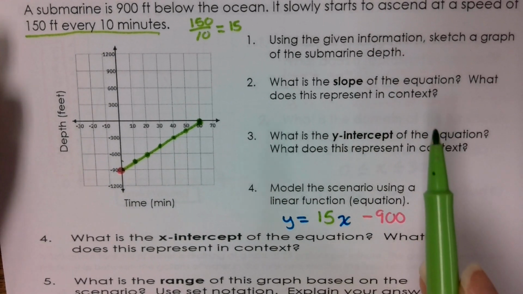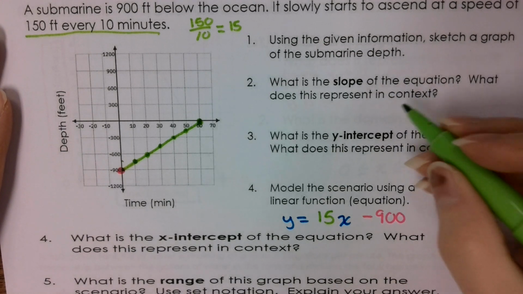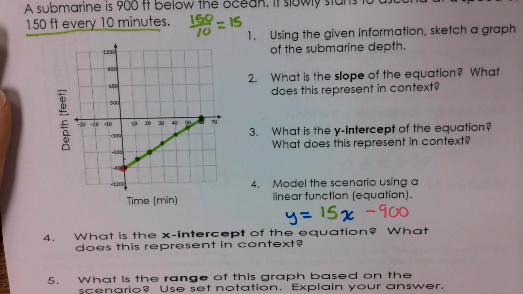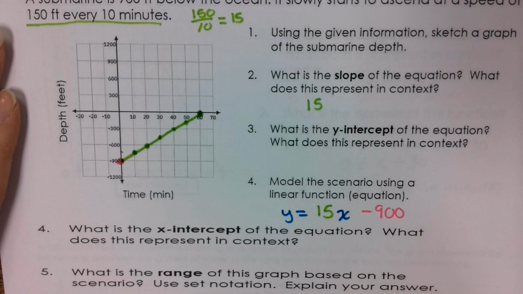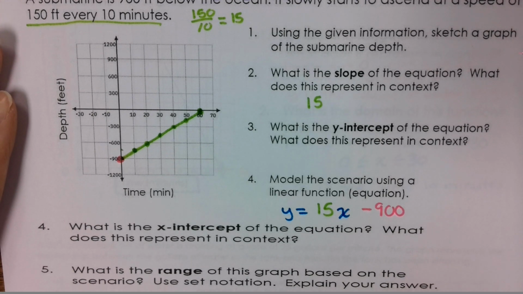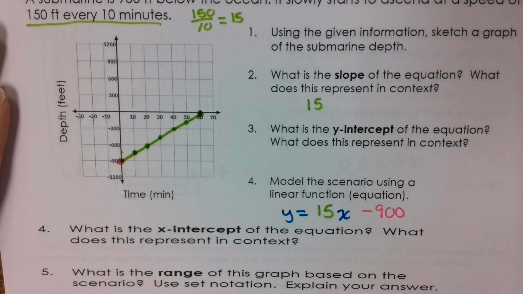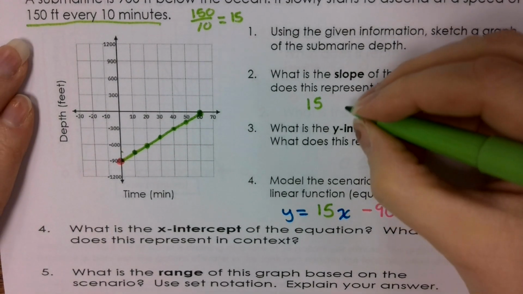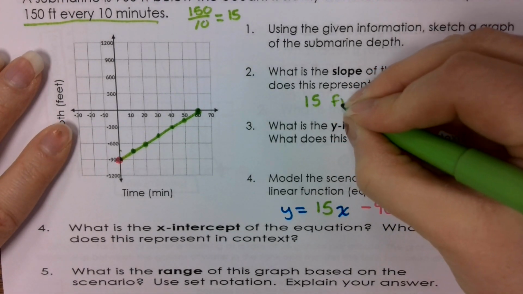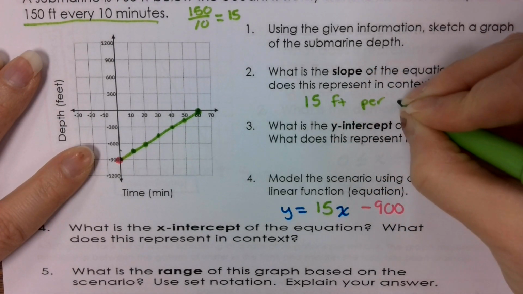Now, our slope of the equation was what? Hassan? 15. And that 15 represents what? It represents how far you are ascending, how many feet you're ascending per minute. It's 15 feet per minute.